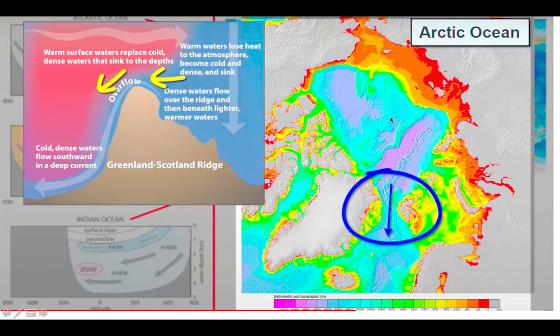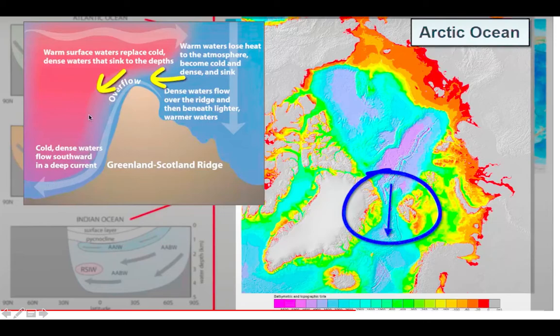Now when sea ice forms, it will increase the salinity of the water below. At the same time, since it is close to the pole, the water has very low temperature, which increases the density. When the water becomes dense enough, it will simply overflow. Here we can see that the dense water flows over the ridge, and finally it is moving beneath the warmer water.